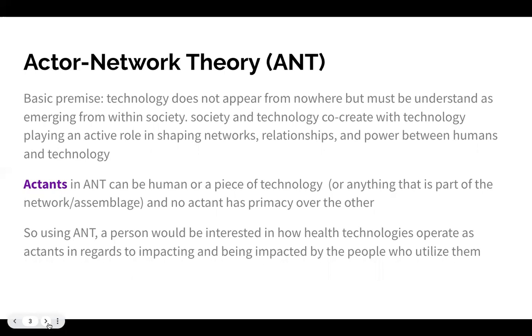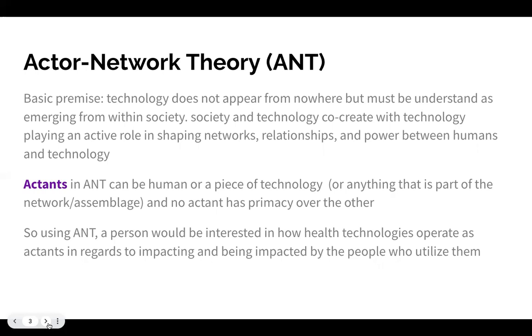So, the basic premise of the actor network theory is that technology does not appear from nowhere, but must be understood as emerging from within society. But then, once it emerges, society and technology co-create, with technology playing an active role in shaping networks, relationships, and power between humans and technology.